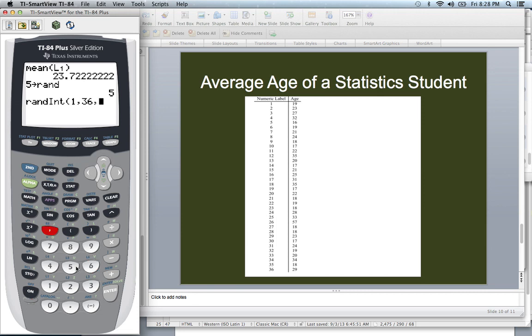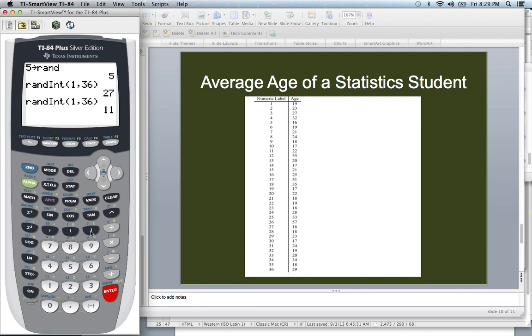Since my students are labeled 1 through 36, I'm going to select random integers between 1 and 36, including 1 and 36. It does it based on a uniform distribution, which means it's going to sample these numbers with equal probability. So I pressed enter. Student number 27 is included in my sample.